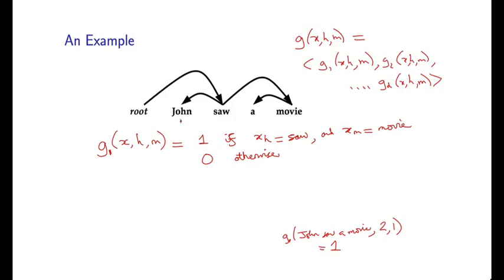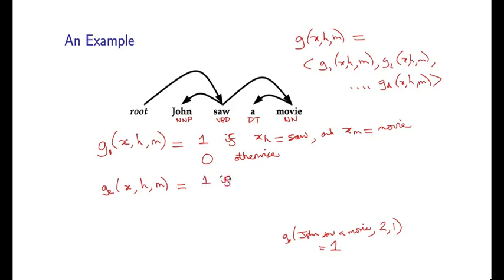Let me give you some other examples of features. It's very common actually to not just include the words in the input x, but also to include part of speech tags, because those can provide useful information. And so now if we have g2 of x,h,m, here's another feature. Now think of x as including both the words and also the part of speech tags in the input.